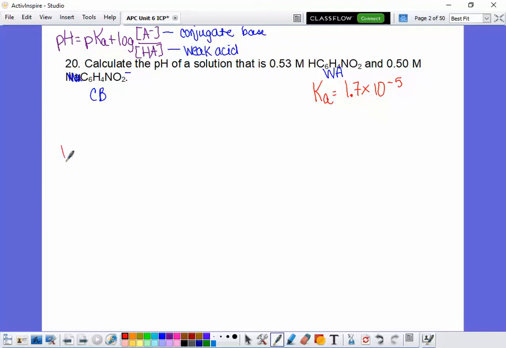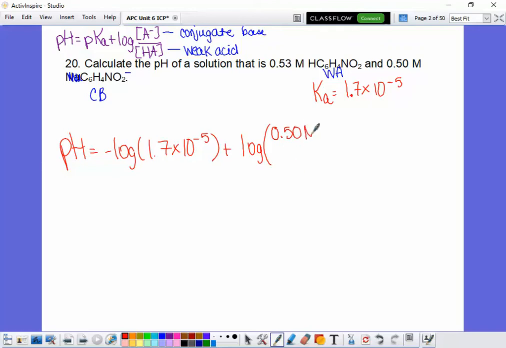So we would start off the problem: pH equals negative log of 1.7 times 10 to the negative 5, plus log of what value is going to go on the top? 0.50. And what value is going to go on the bottom? 0.53. Because this 0.50 is the concentration of our conjugate base. 0.53 is the concentration of our weak acid. Okay? So go ahead and do that calculation, please.